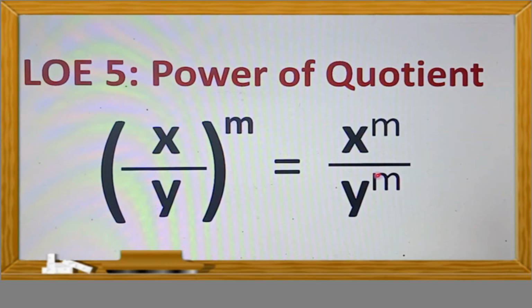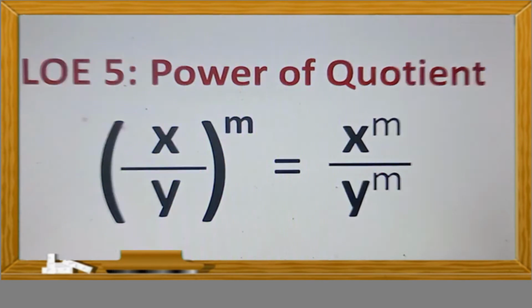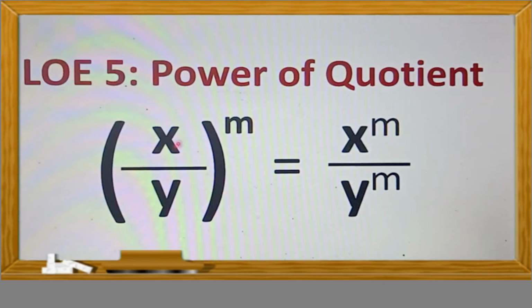Now, law of exponent number 5, power of quotient. Let's go to the illustration. We have x over y, raised to m, which is equal to x raised to m over y raised to m. We just distribute the exponent outside.